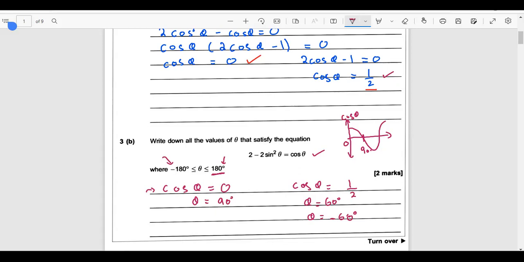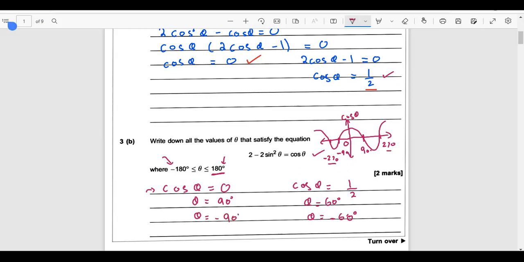If I extend the graph this way, I know that if I make the graph of cos properly, it is also 0 here. So it is 0 at 90 degrees, at 270, at minus 90, and at minus 270. But since 270 and minus 270 are not in our range, we only have 90 and minus 90. So minus 90 degrees would also be written.